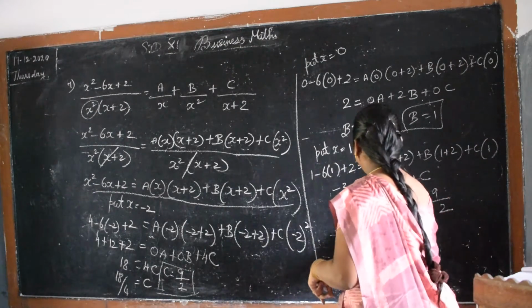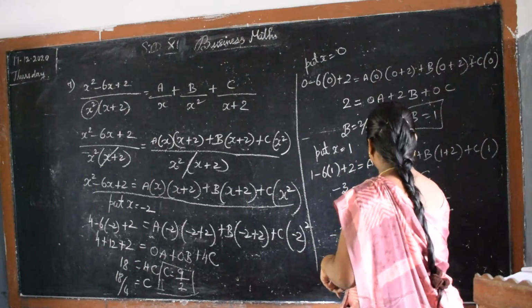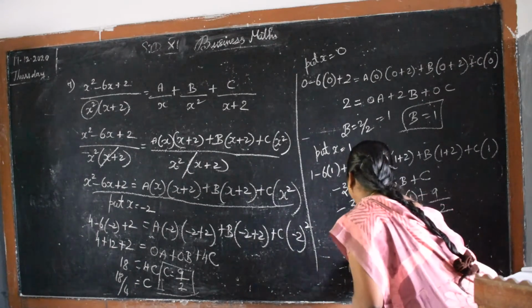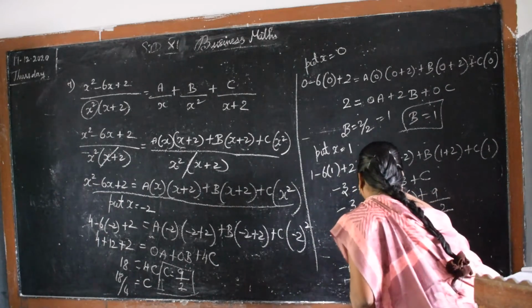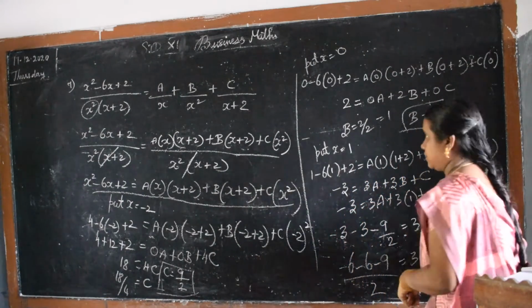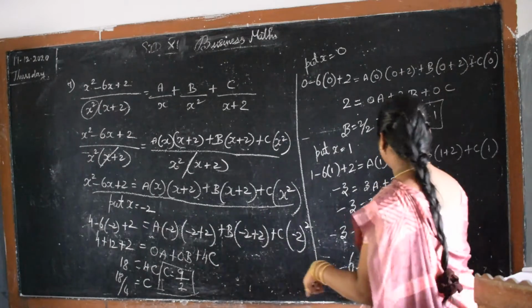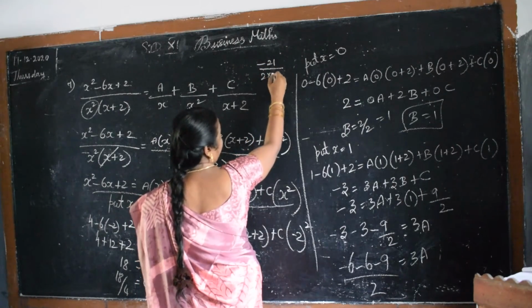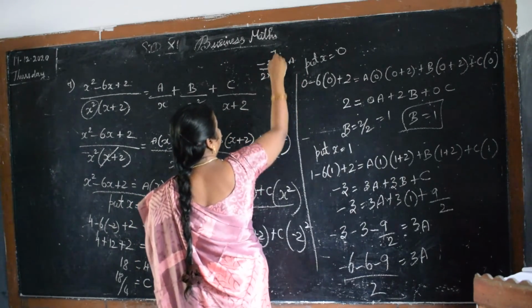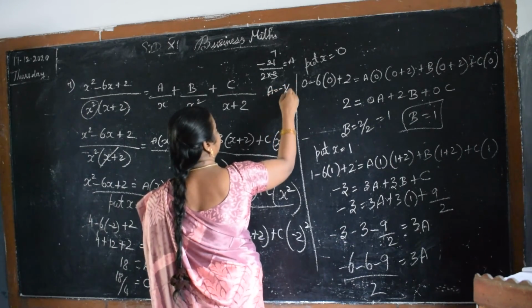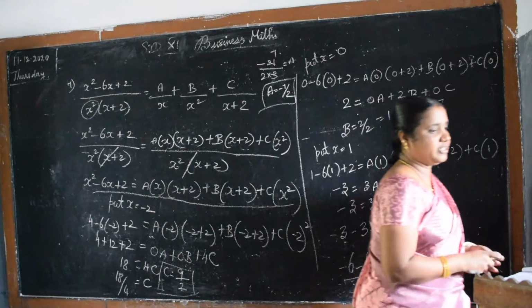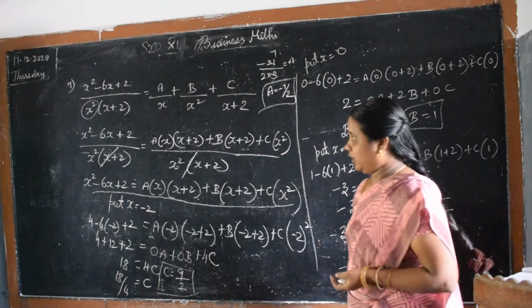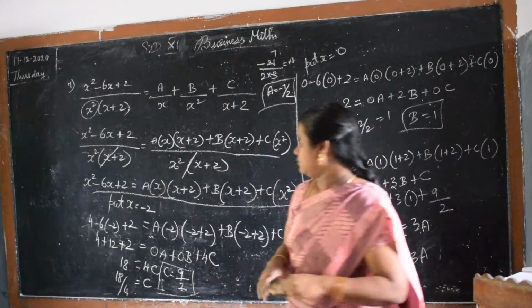So minus 3, take this to this side: minus 3 minus 3 minus 9 by 2 is equal to 3a. Take LCM: minus 6 minus 6 minus 9 by 2 equal to 3a. Okay, so the value is, see here, minus 21 by 2 equals 3a. So a is equal to minus 7 by 2. Okay children, I got the value of a as minus 7 by 2. I got the a value, b value and c value. Substitute for it.